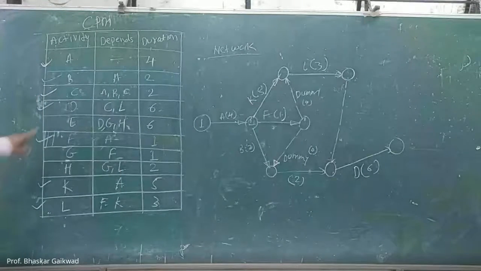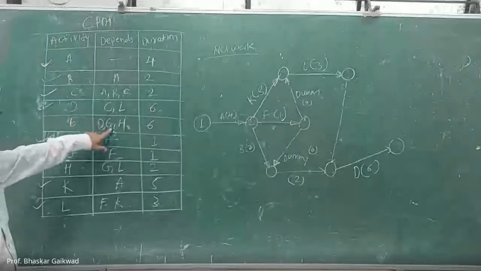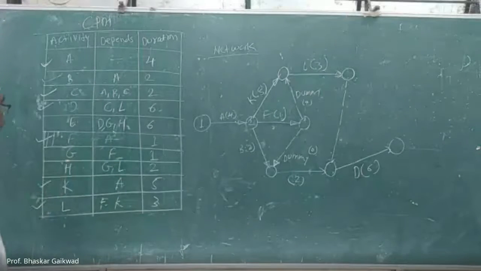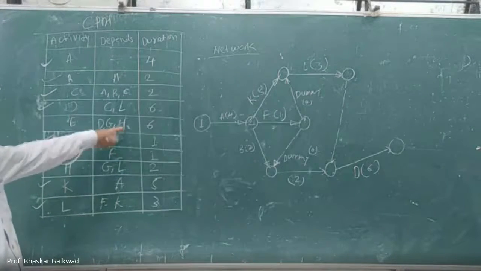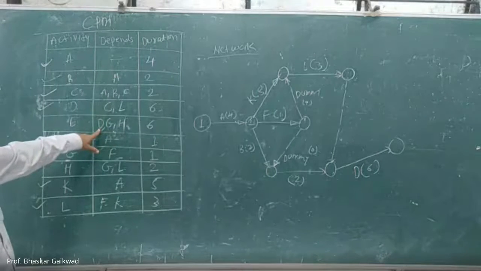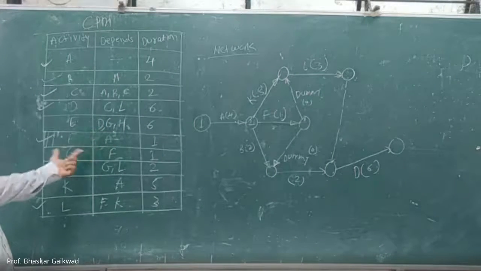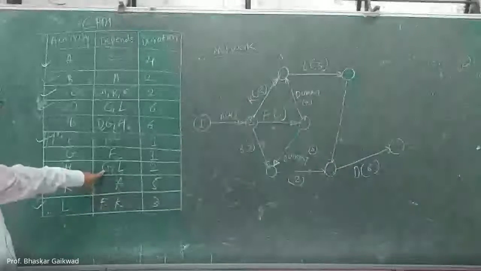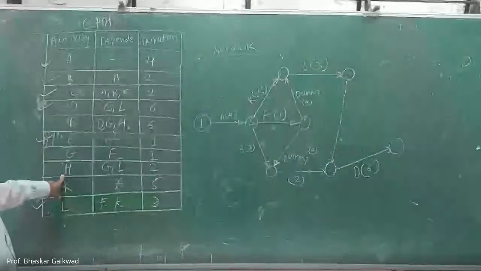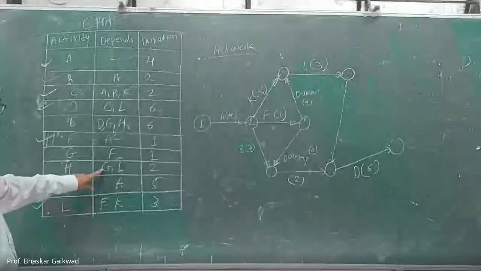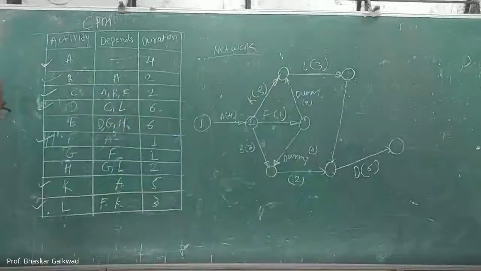Now, E will start from D, G, H. D we already have. H we don't know. G, what about the G? G will start from H and L. L is there.